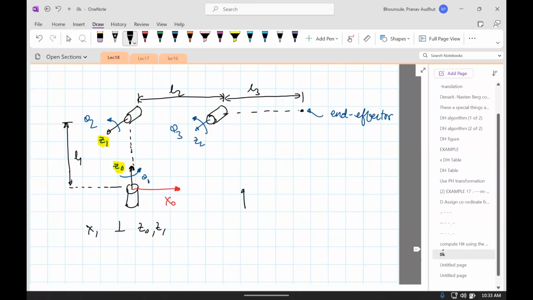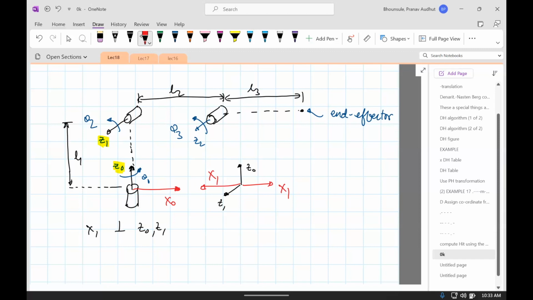So if Z0 is this way, Z1 is this way, easier to put it here. We need to find a vector which is 90 degrees to Z0 and Z1. You can see there are only two ways you can do it. One is you could assign X1 this way, or you could assign X1 this way. Both of those will satisfy the 90 degrees condition. And it's really your choice. You could specify it the way you want. Both those are valid answers.